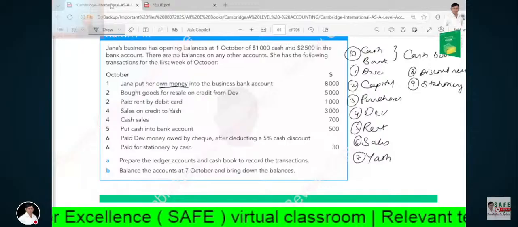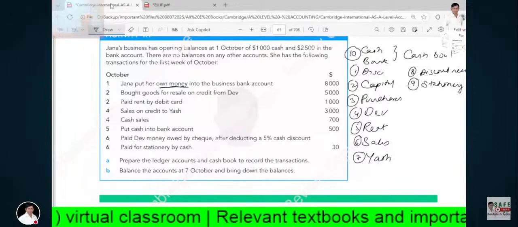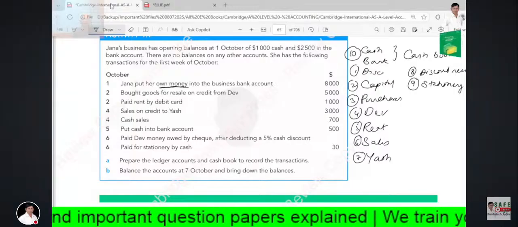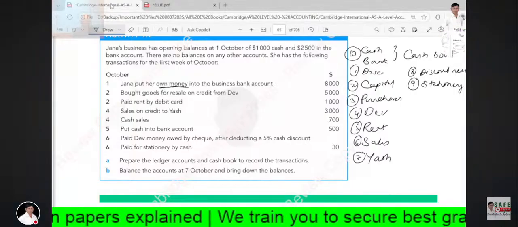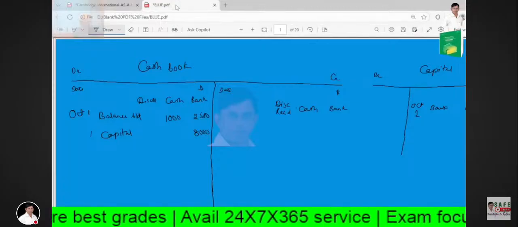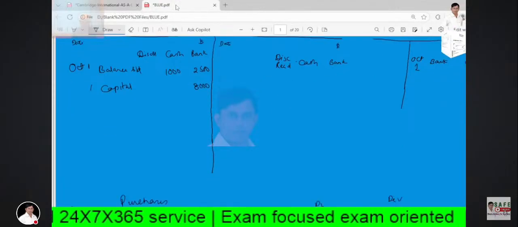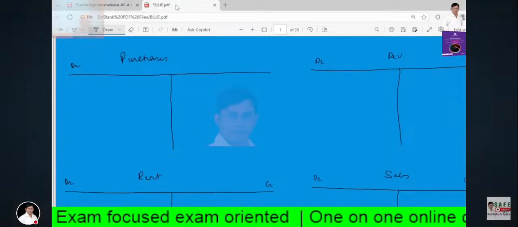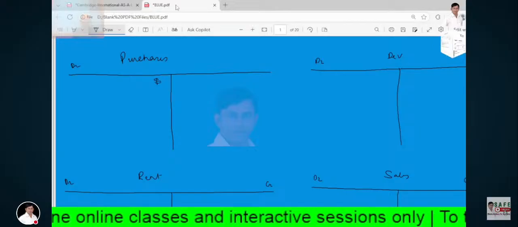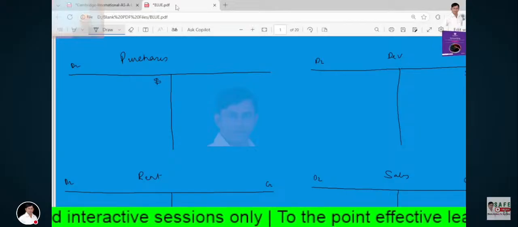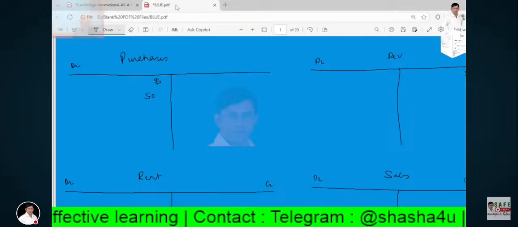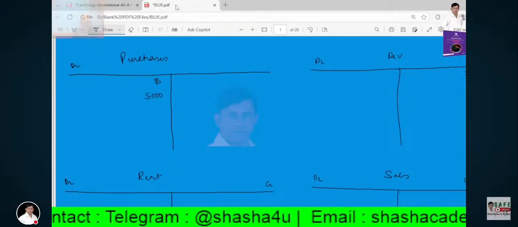Next. Bought goods for resale on credit from Dev, 5,000. Purchases and 5,000. What date?